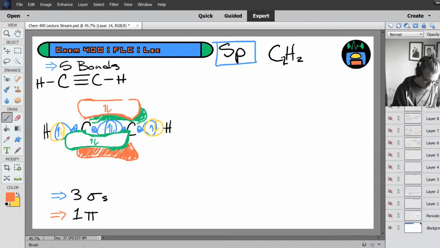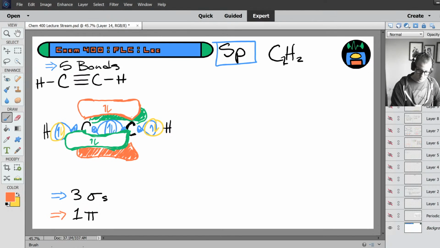Throw that there. All right. That's about as good as we're going to get it. So this is the three-dimensional picture of the bonding orbitals in the molecule of acetylene.